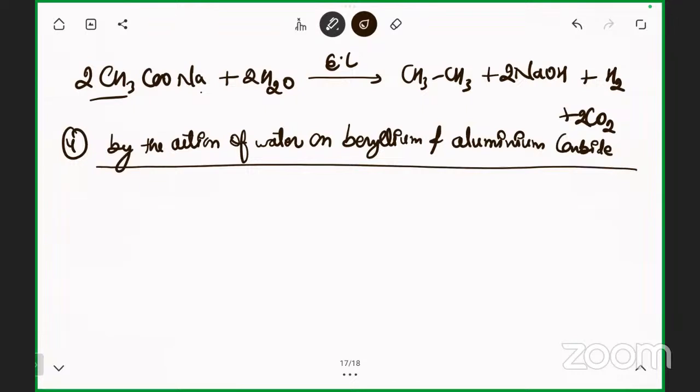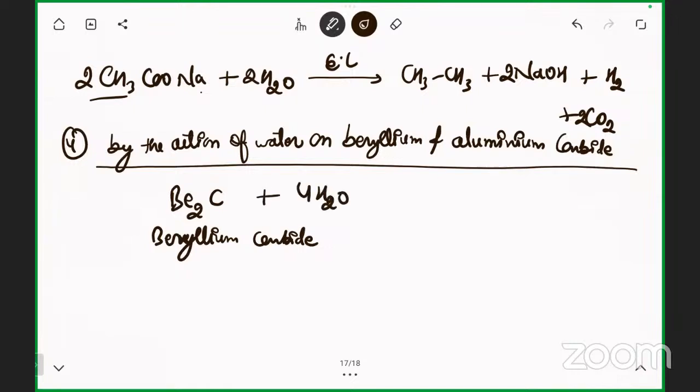For example, I'm taking Be2C, that is called beryllium carbide. When this beryllium carbide reacts with water, it will form CH4. Along with that, it forms hydroxide of beryllium.